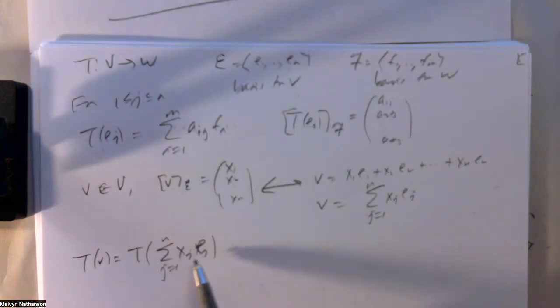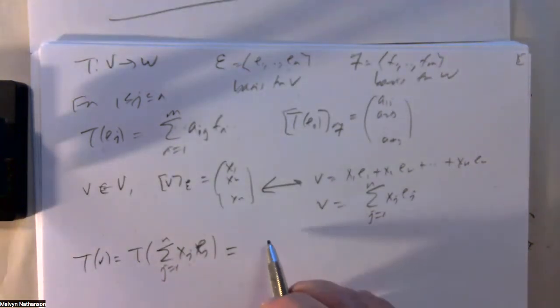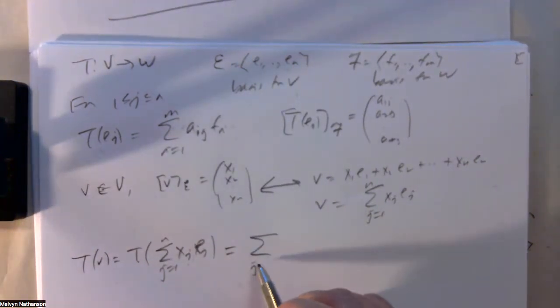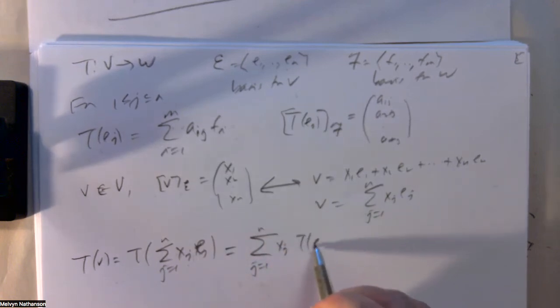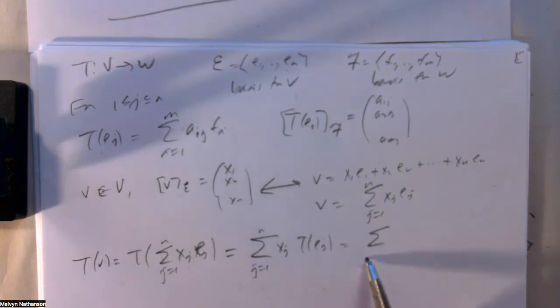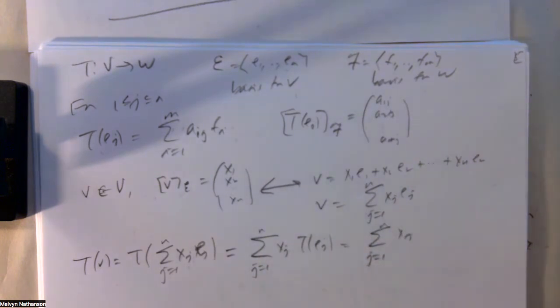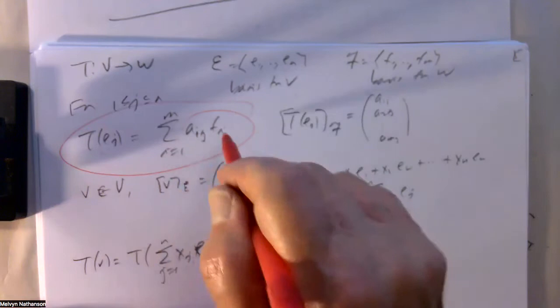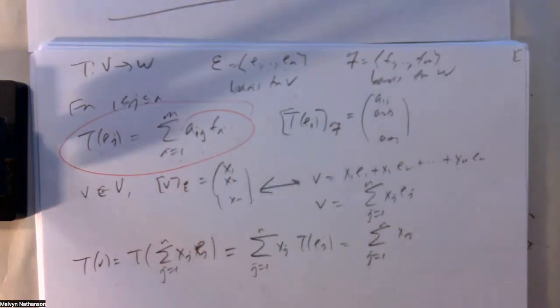ej is a vector in the basis, xj is a scalar. Because T is a linear transformation, this is summation, j goes from 1 up to n, xj T of ej. This is summation, j goes from 1 up to n, xj, and T of ej is this linear combination of the f vectors.